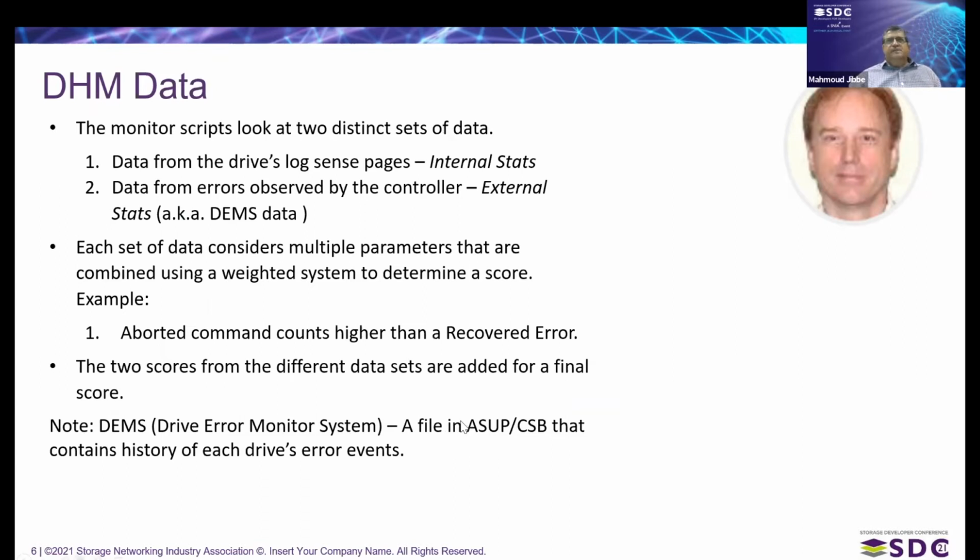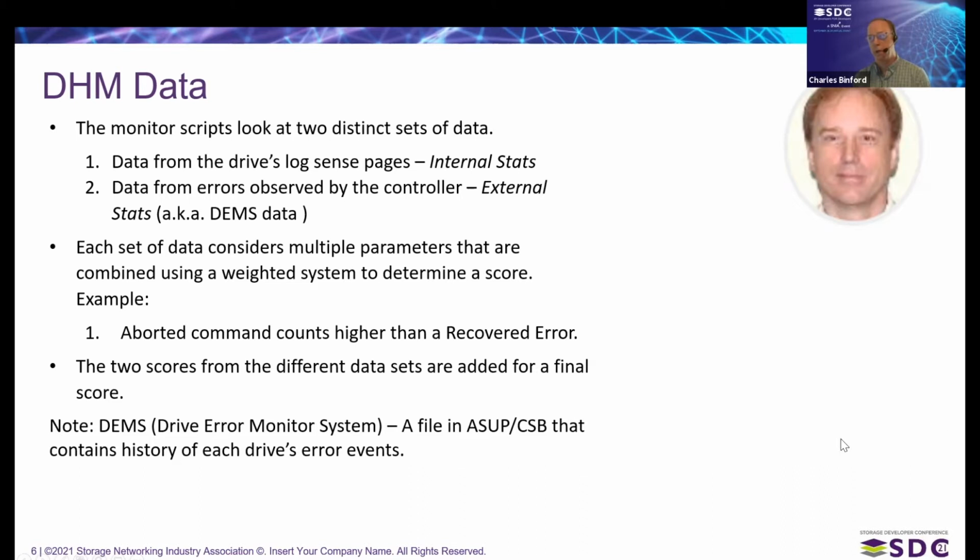Charles? Yes, so this will dive a little deeper into what Dr. W just explained. Our controller has what we call ASAP, automated support, which sends a batch of diagnostic files on a daily basis. A couple of those files are the key files we're looking at here. One is called DEMS, the Drive Error Monitor System, and the other is the Drive Health Data.